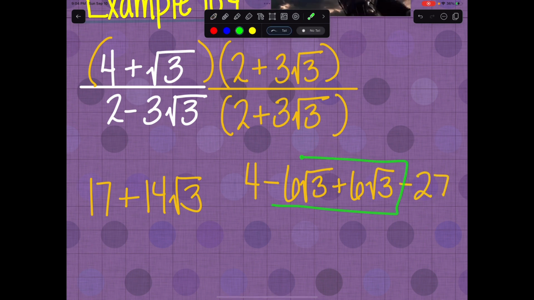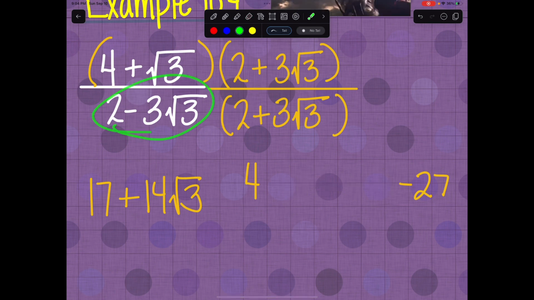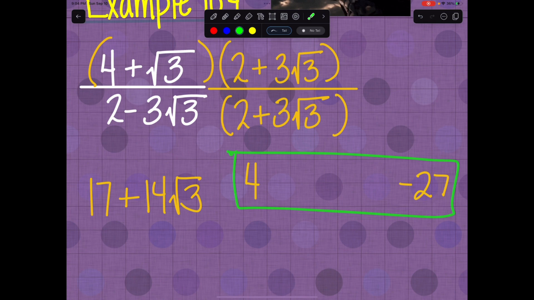The minus 6 square root 3 and the positive 6 square root 3 basically cancel out. You can add them together to get 0. That's why we used the conjugate of the denominator to multiply it by, because every time you do that, that middle term is going to cancel out. So all we're left with is 4 minus 27, and then you get negative 23.